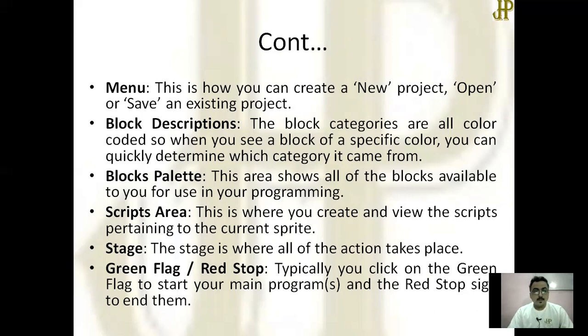Block palette: this area shows all the blocks available to you for use in your program. What is the script area? This is where you create and view the scripts pertaining to the current sprite. Stage, what is stage? Where all the action takes place whenever you run your script. And what are the green flag and red stop? They are used to start and stop your script program.